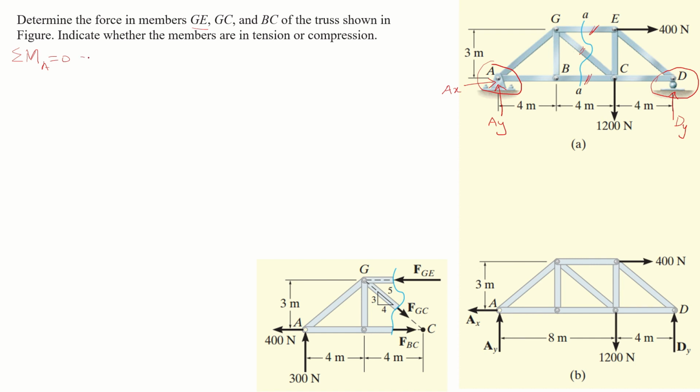So this implies that this 1200 Newton force has a distance of 8 meter. This is 4 plus 4, 8 meter, and it will rotate the truss in clockwise direction. 1200 is multiplied by 8 with a negative sign due to clockwise rotation.